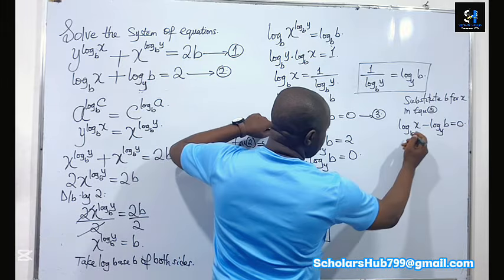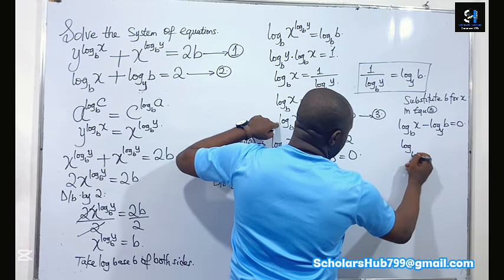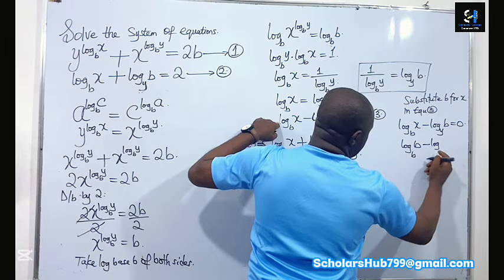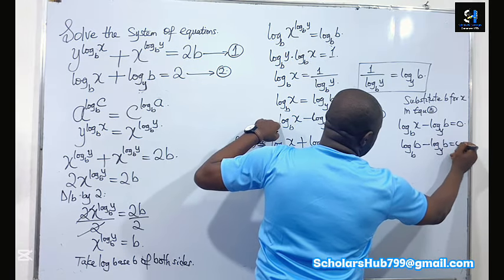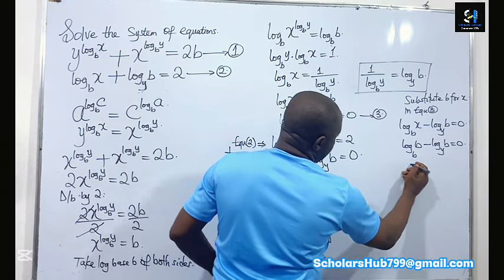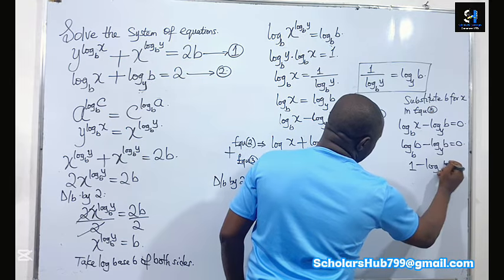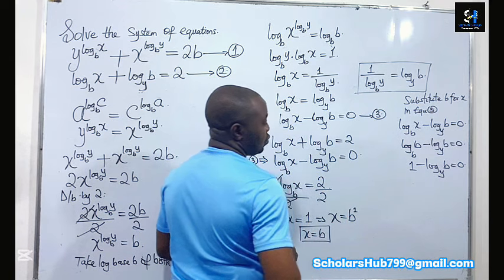Now x is equal to b, so we have log base b of b minus log base y of b equals 0. This will be 1. So this is 1 minus log base y of b equals 0.